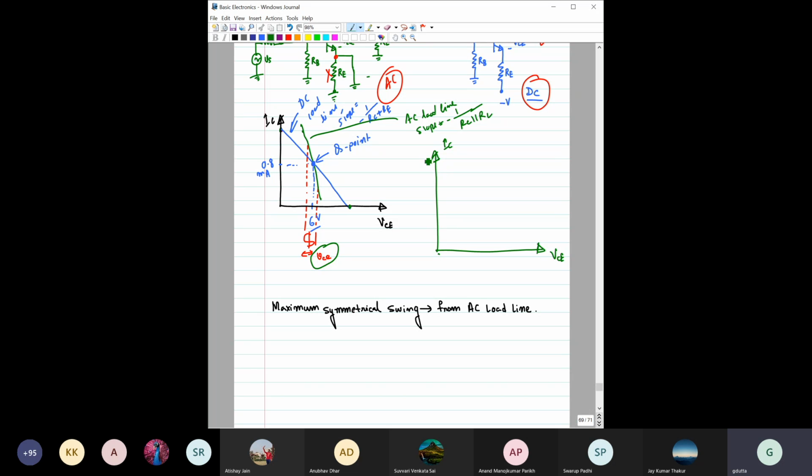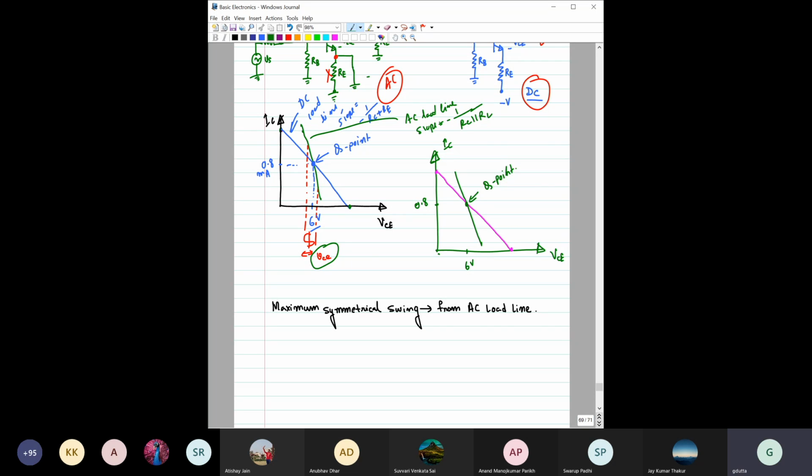And our DC load line is from here. This is the DC load line. And say the AC load line is somewhere here. So this is basically the Q point. Now let us also assume this point is 0.8 and this point is say 6 volt.